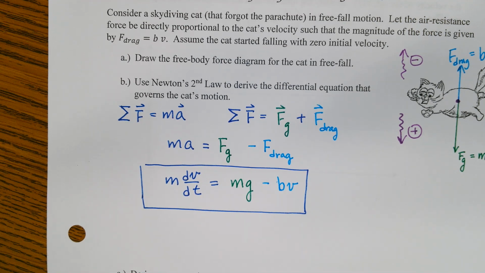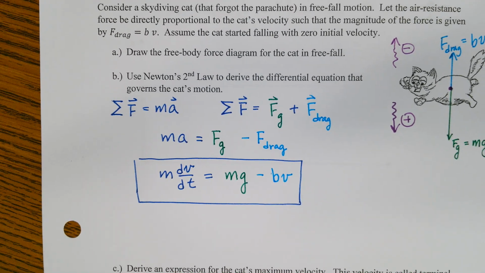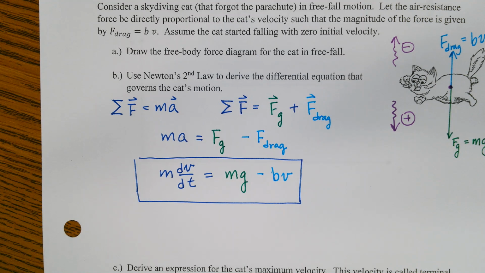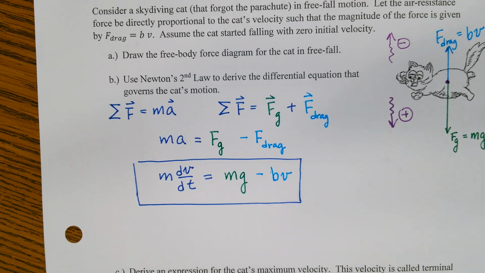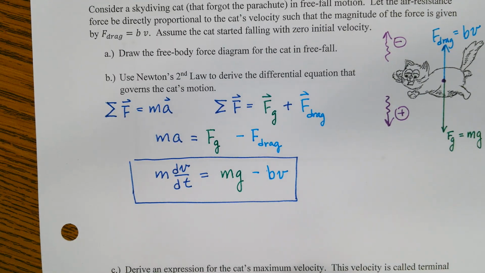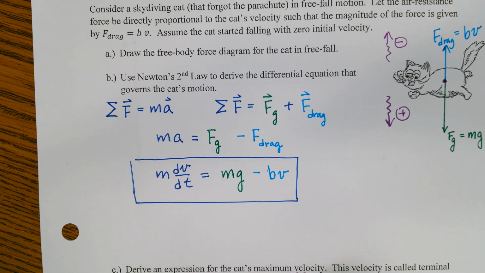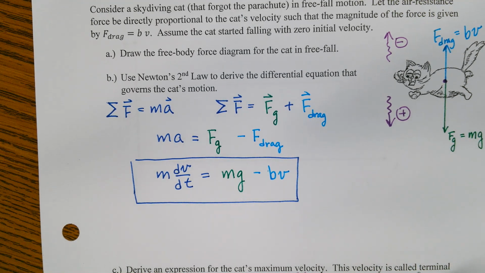Part C. Derive an expression for the cat's maximum velocity. This velocity is called the terminal velocity. So I think it's important to know this maximum velocity and the terminal velocity are the same thing.